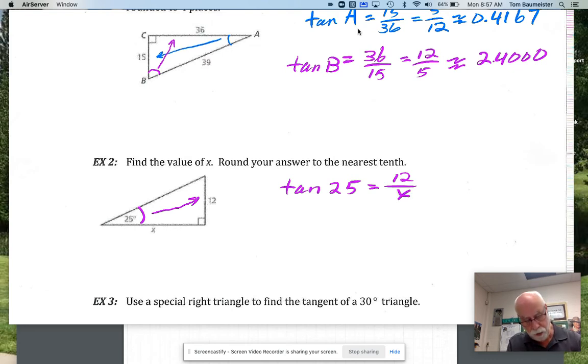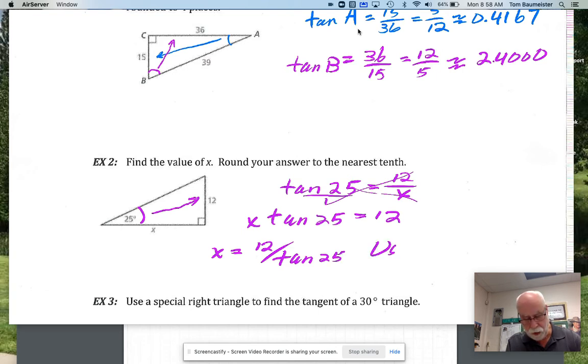So again, if you want to think about it, I can put this over 1, and then I can take my cross products. So we can say that X times the tangent of 25 is equal to 12 times 1, or just 12. Okay, and then if we take that, X is equal to 12 divided by the tangent of 25.